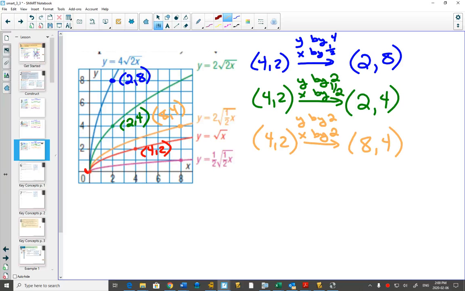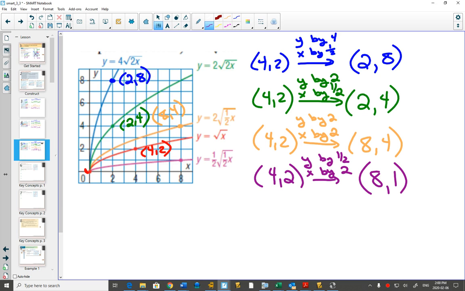And finally, on our purple graph, our y values are getting multiplied by a half. Our x values are getting multiplied by the reciprocal 2. Eight, 1.